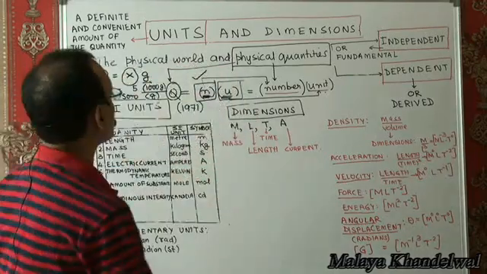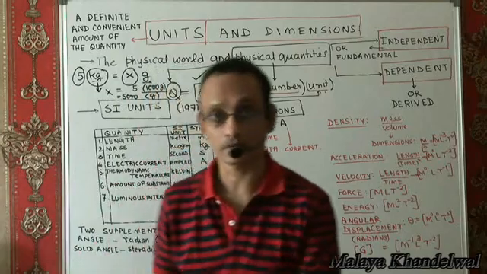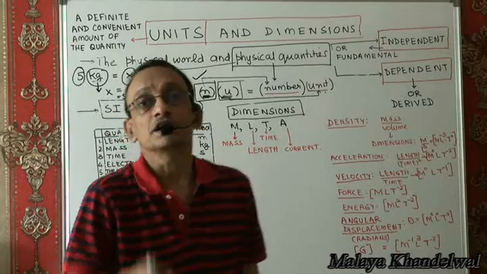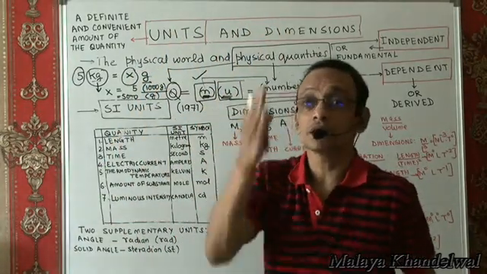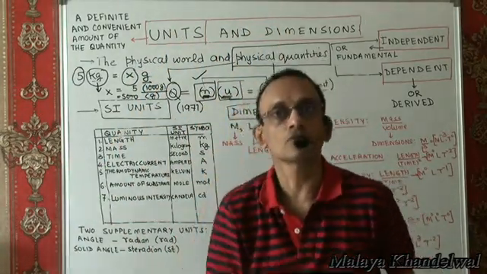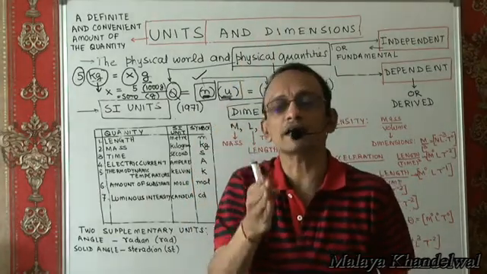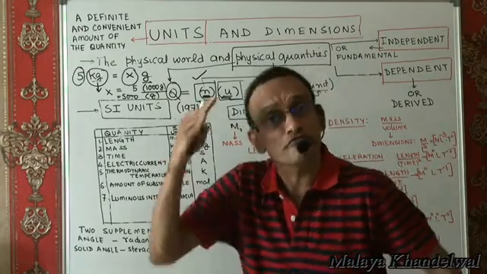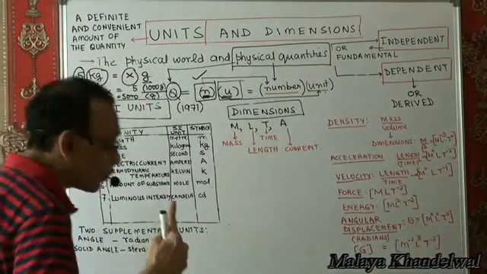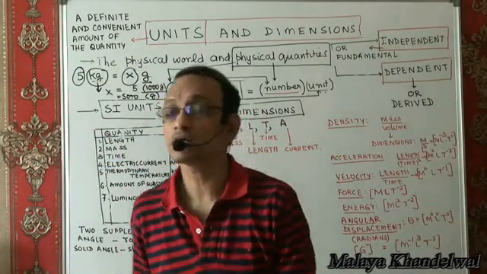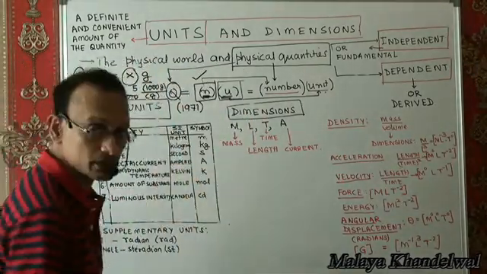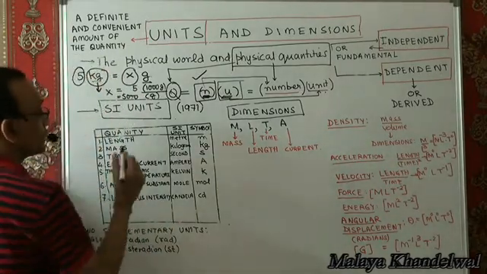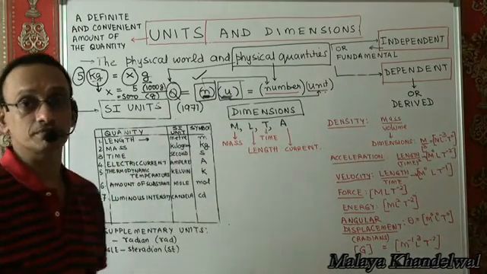So what was decided in a convention in 1971 by the international community was the description of what is referred to as a fundamental system of units, a set of fundamental physical quantities. What was the set of fundamental physical quantities? The set of fundamental physical quantities were defined as length. Length was a fundamental physical quantity, right?